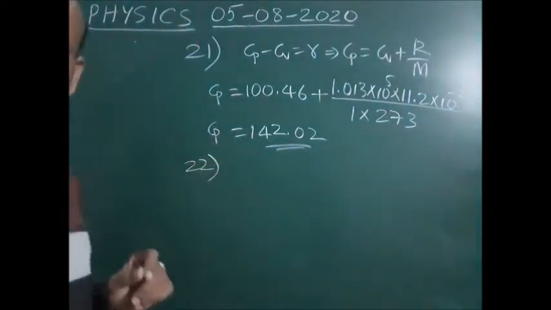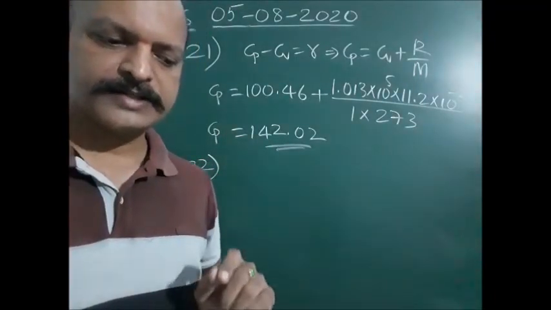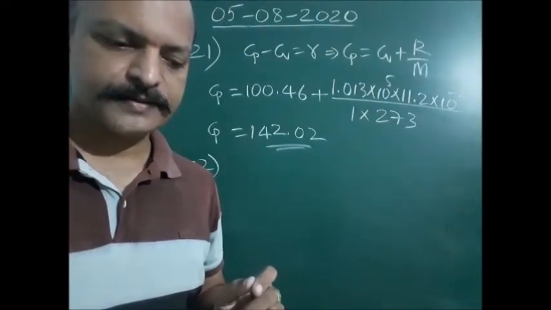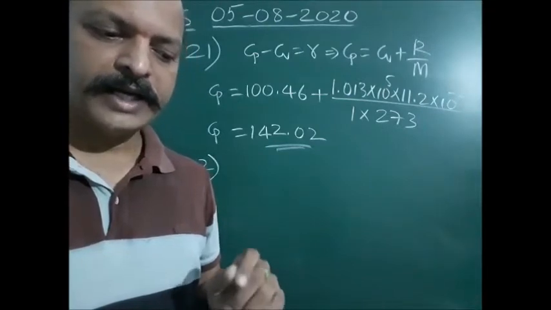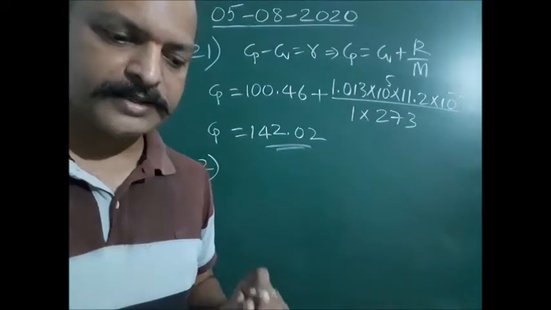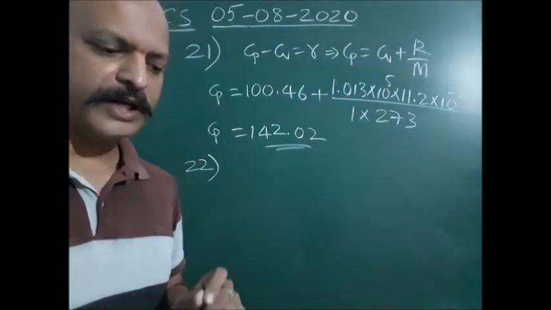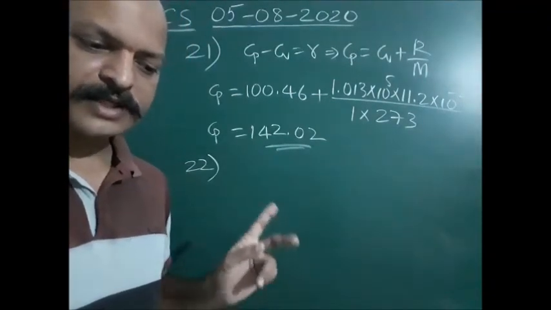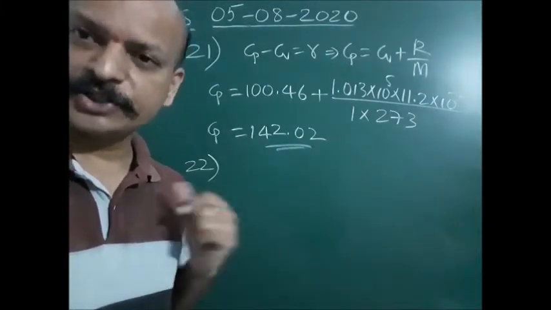Coming to question number 22. 3 moles of a monoatomic gas require 60 calorie of heat for a 5 degrees Celsius rise in temperature at constant volume. Then the heat required for 5 moles of the same gas under constant pressure for a 10 degrees Celsius rise in temperature is, with R value 2 calorie per mole Kelvin. The first one is at constant volume, with temperature increasing. The second one is at constant pressure.